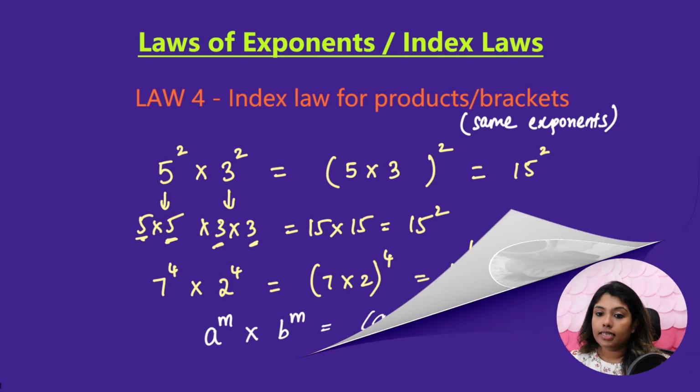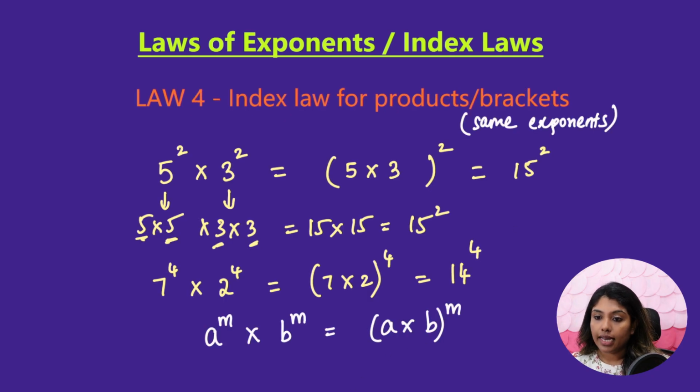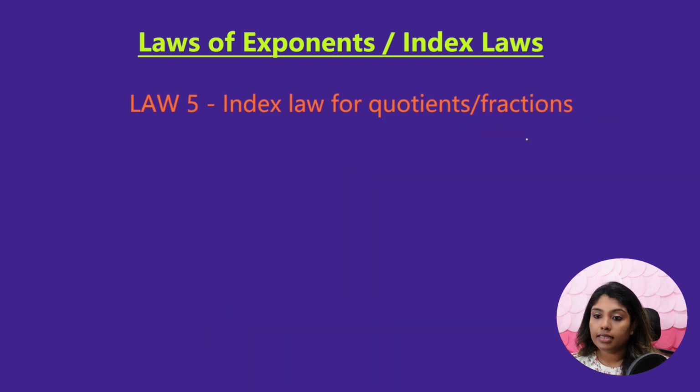The next law is the index law for quotients or fractions. This is very similar to the previous one. Again, the rule here is that it needs to have the same exponents. Only then you can do it.